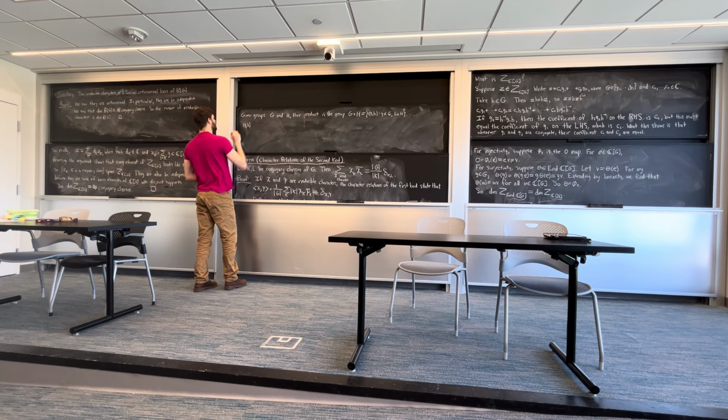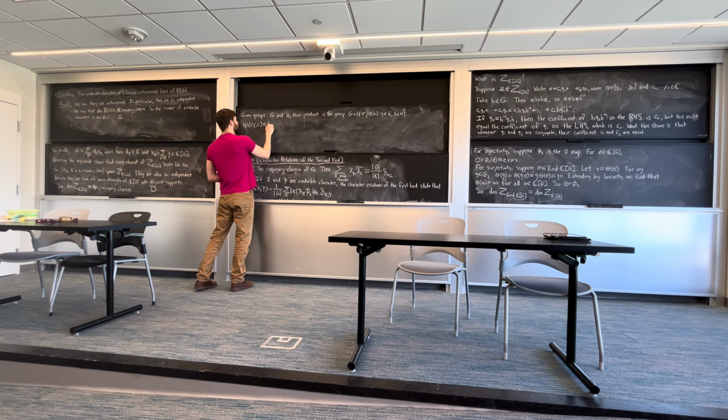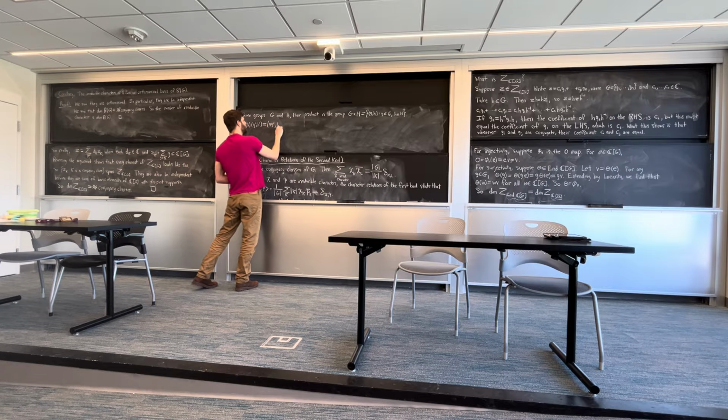If you have an element (g, h) and you want to multiply it by an element (g', h'), you multiply the first parts g and g', then you multiply the second parts h and h'.